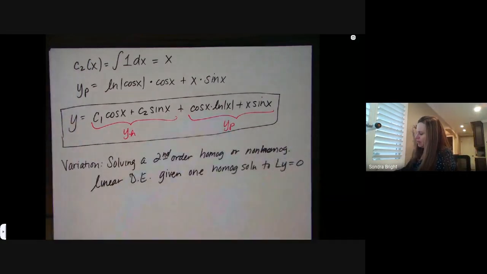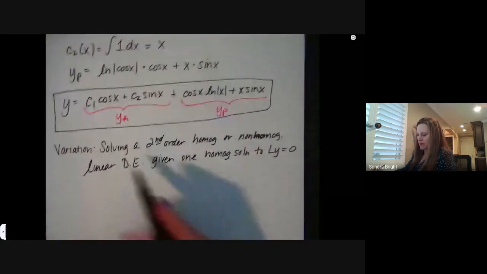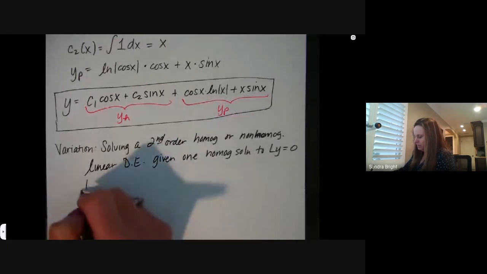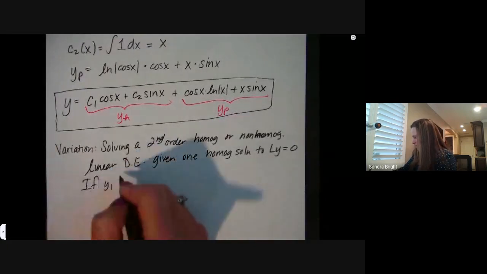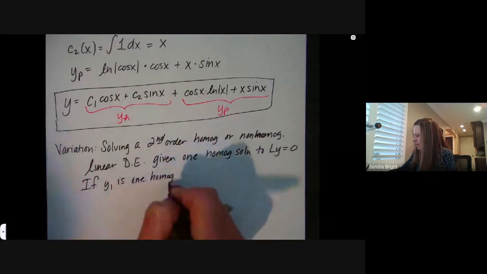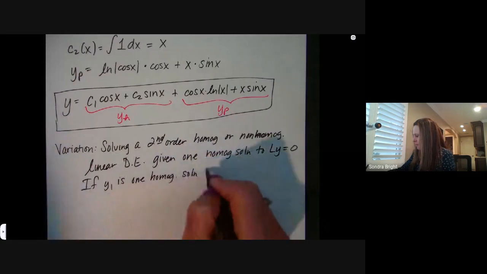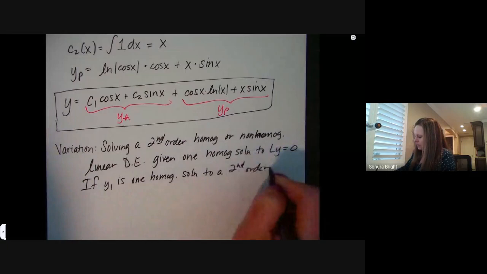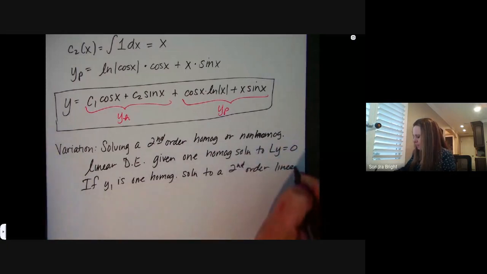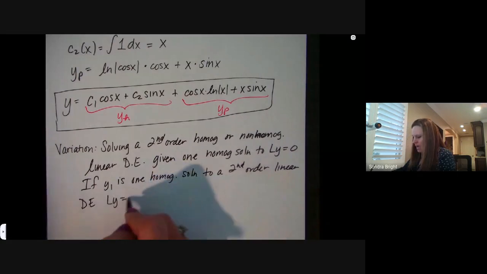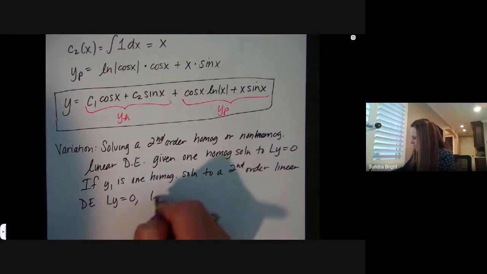So if we're solving a second order one, but we've been given one of the solutions, then if y1 is one homogeneous solution that we've been given to a second order linear differential equation, what you're going to do is let y equal v times y1.